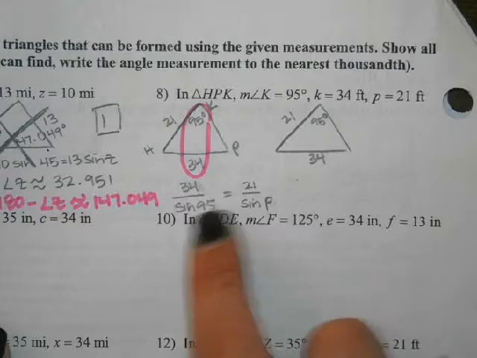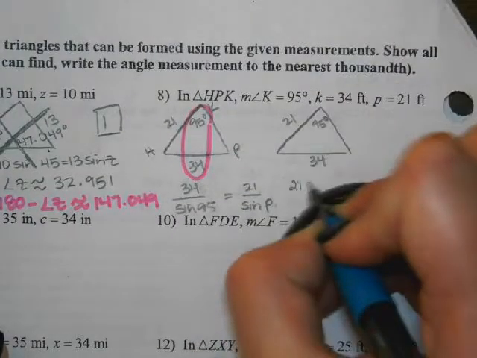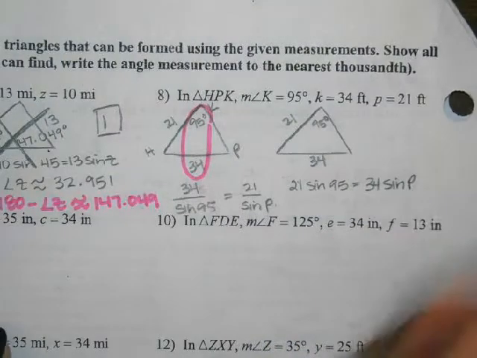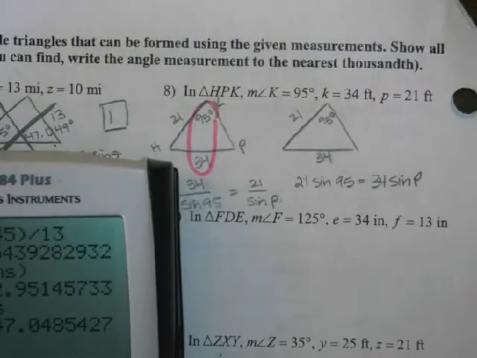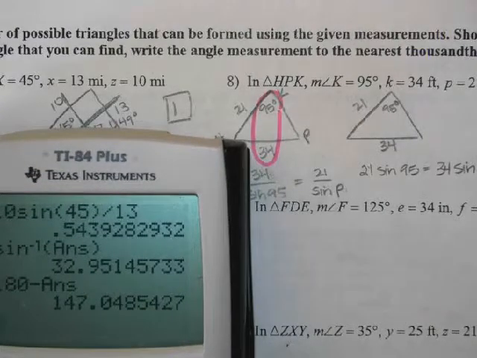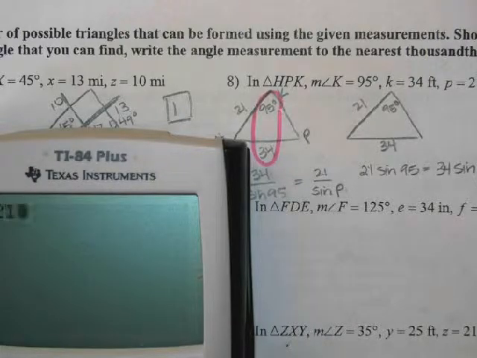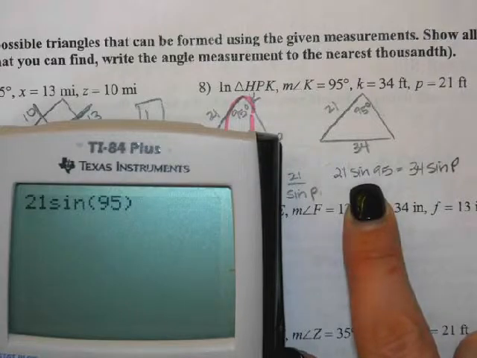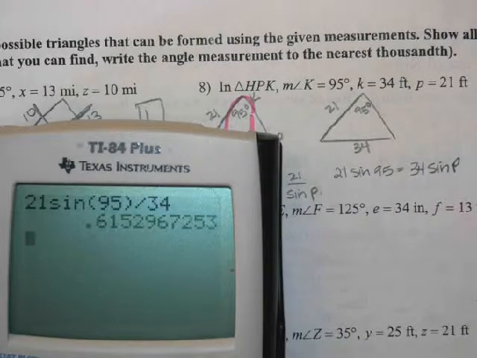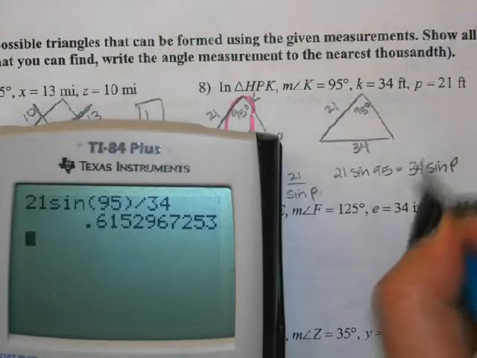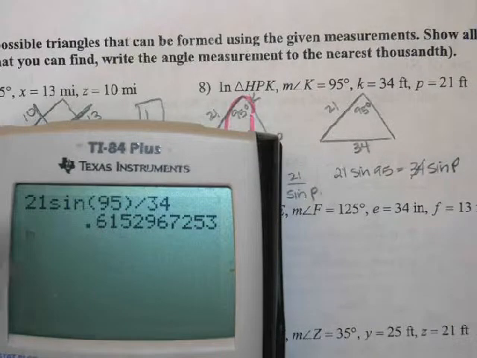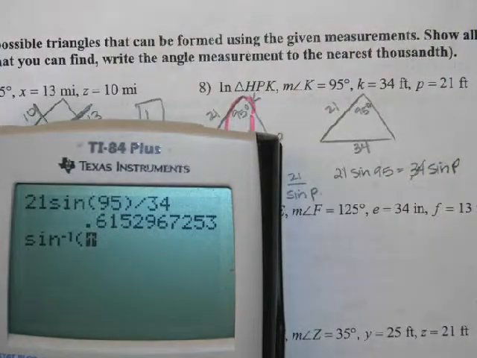So I'm going to have 21 times sine 95 equals 34 times sine P. All right, and then what do I do next after I've multiplied the left side out? Divide by 34. So I got rid of the 34. Sine P equals this decimal. So I do sine inverse, second answer.